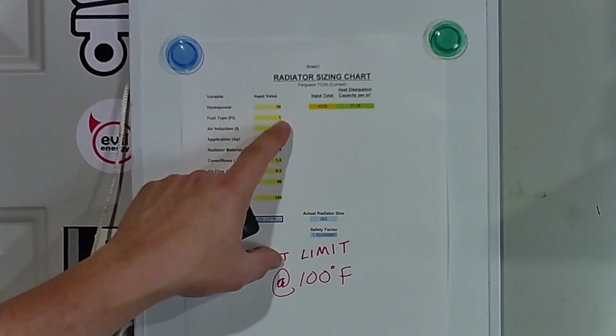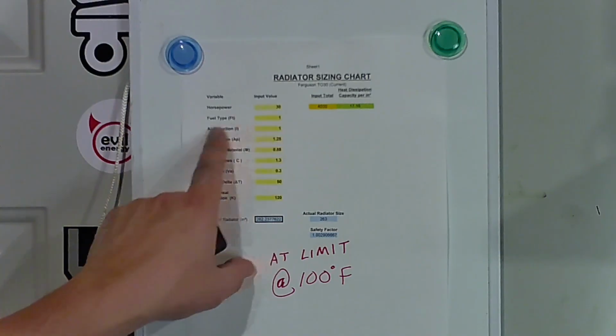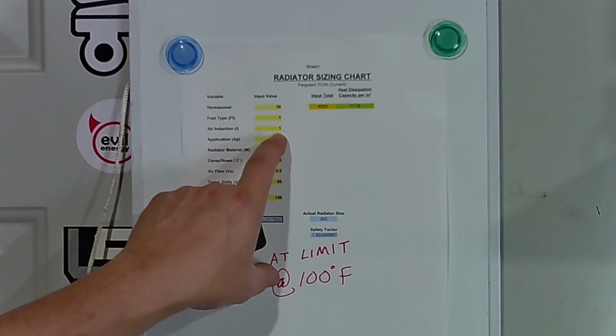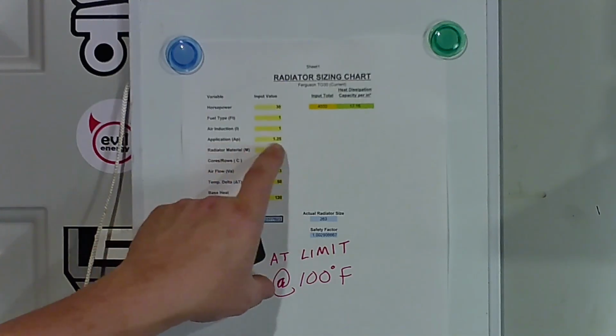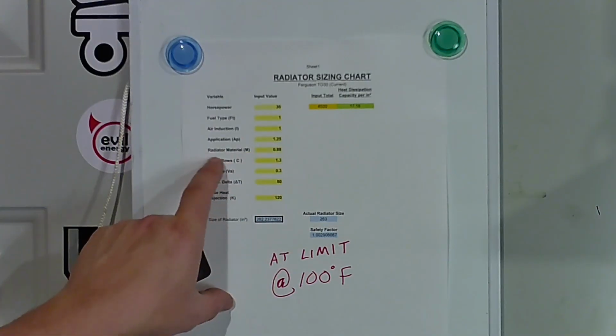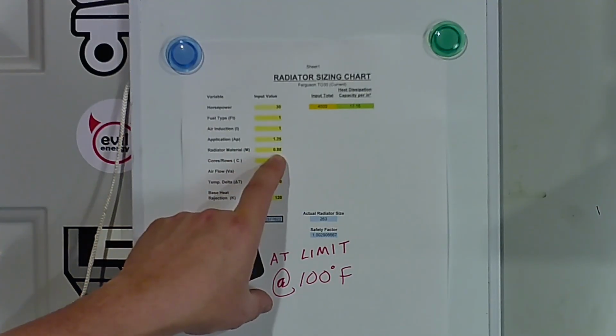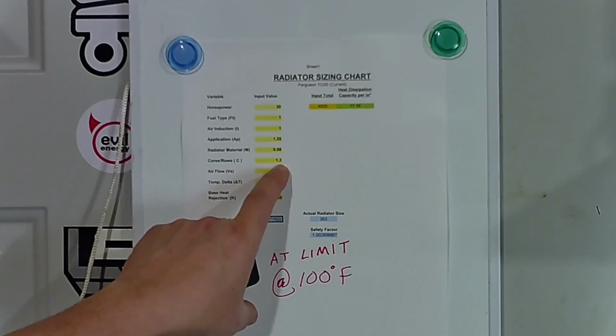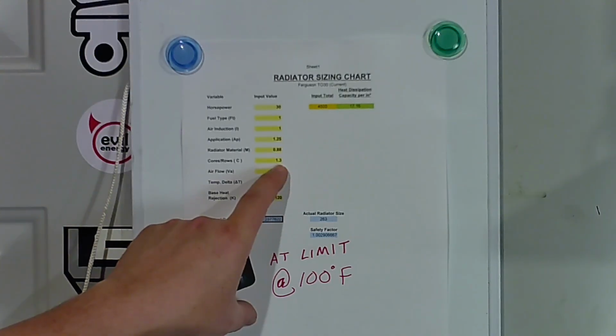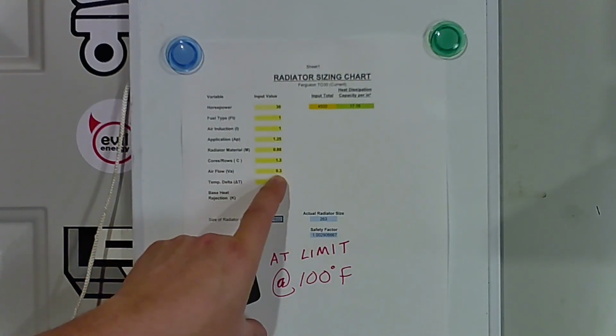Fuel type is gasoline, so my input is 1. Naturally aspirated, my input is 1. Light tillage, 1.25. My radiator material is copper, so my input is 0.88. I have a 3-core radiator, so my input is 1.3. My airflow is agricultural, low speed, so my input is 0.3.